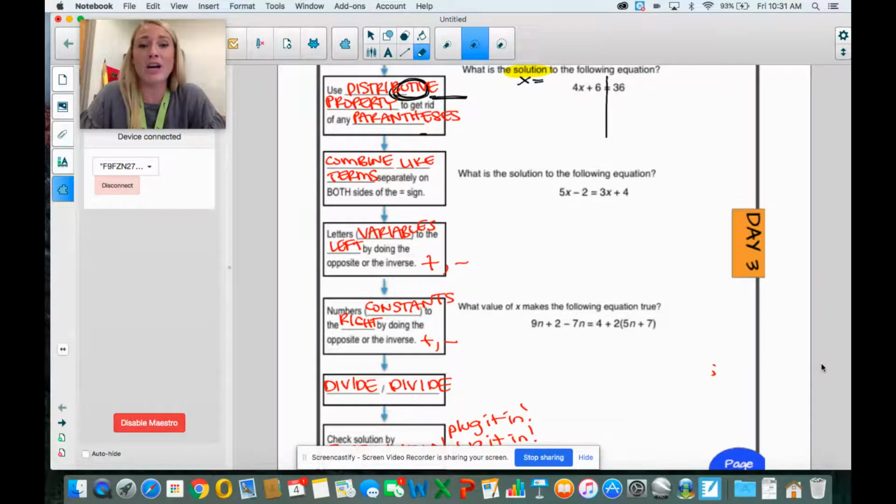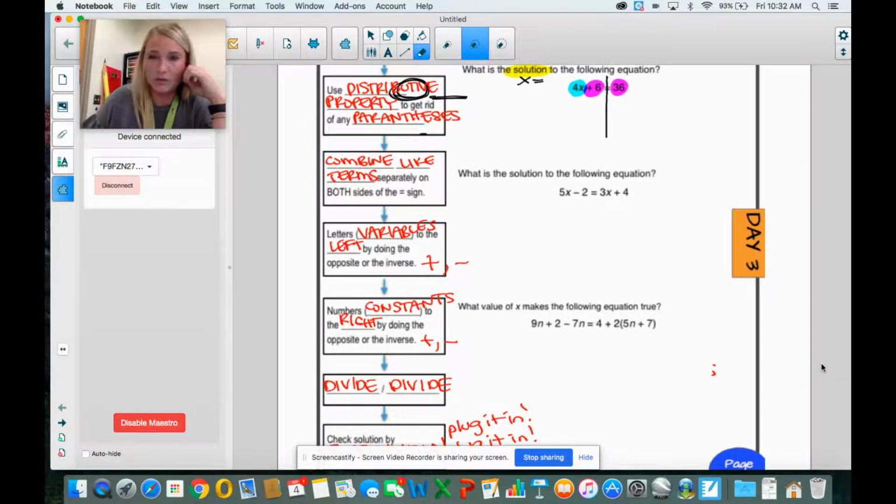Yay. All right. So now we're going to go letters to the left. Before I do that, I am actually going to use two different colors, and I'm going to highlight my variables in one color and my constants in the other. I am going to use blue for my x's, and then we'll use pink for my constants.